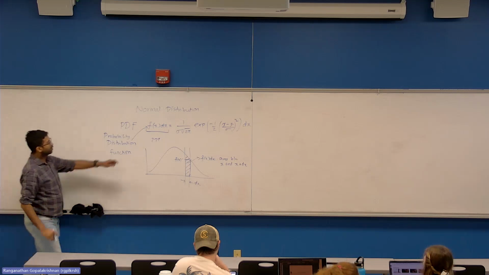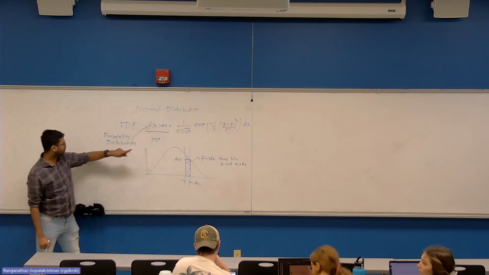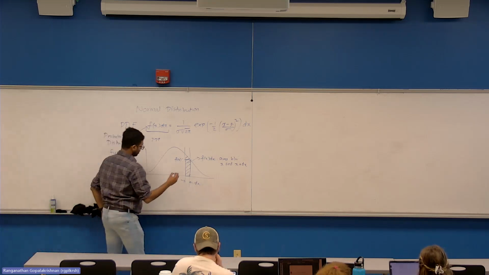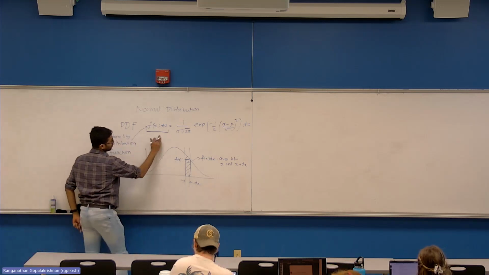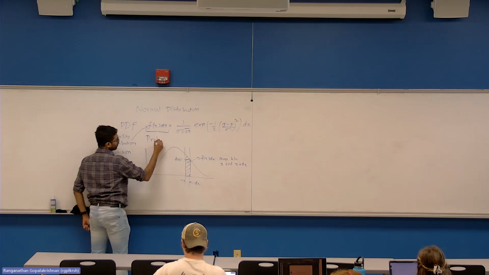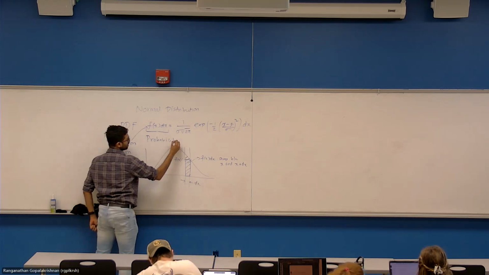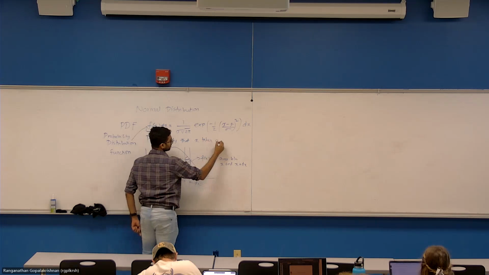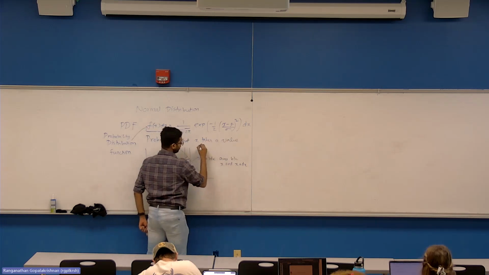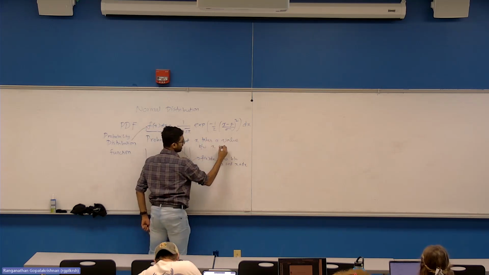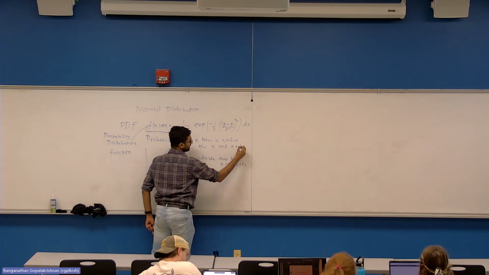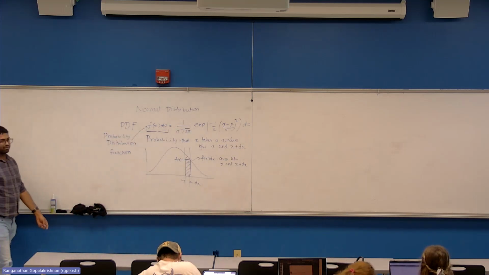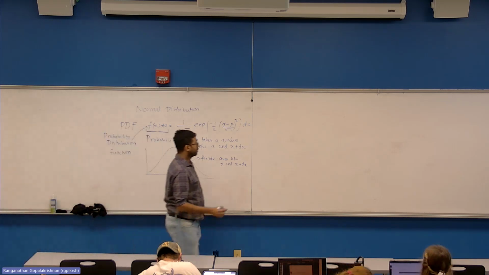And I told you f of x is called the probability distribution function, essentially saying f of x dx is the probability that x takes a value between x and x plus dx. I'm just recapping what we did so far, otherwise today's lecture will look very discontinuous.